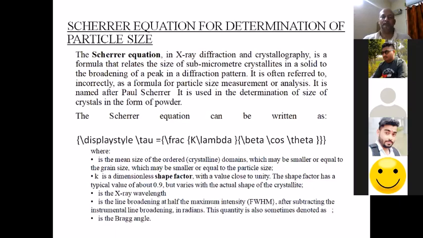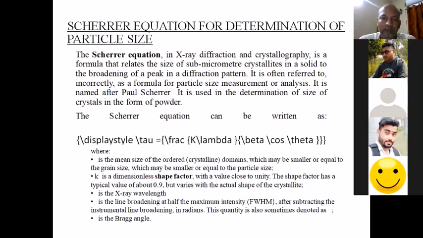The Scherrer equation can be written as tau equals K lambda upon B cos theta, where tau is the mean size of the ordered domains, which may be smaller than or equal to the grain size, which may be smaller than or equal to the particle size, and K is the dimensionless shape factor.